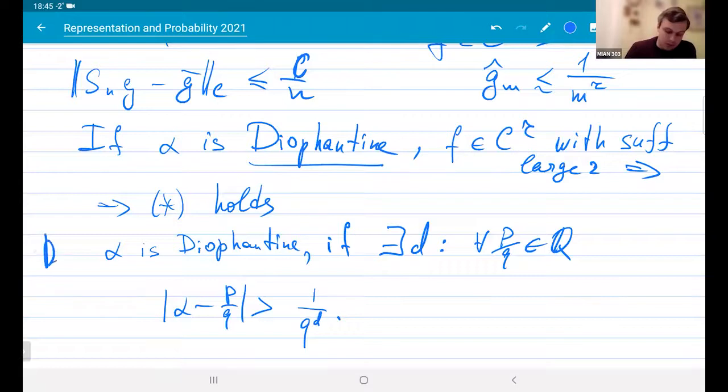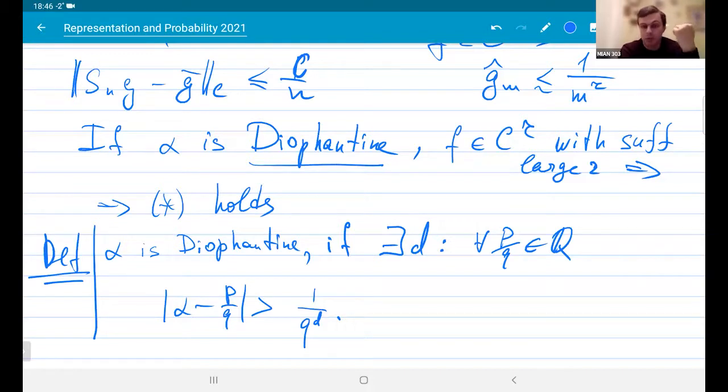This is the definition. So, informally, alpha is Diophantine if it cannot be approximated by a rational number too well.